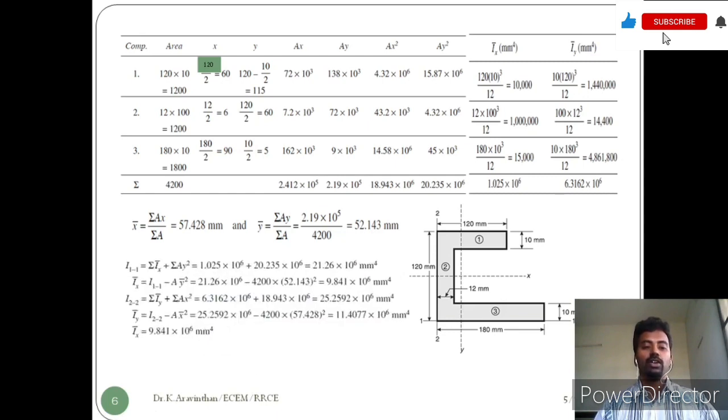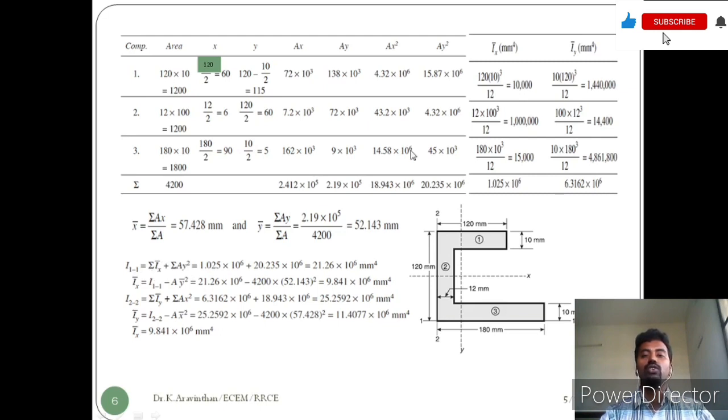After finding the centroid, let us find the moment of inertia. Here the formula for finding moment of inertia with the x-axis is I11 minus A y bar square. If you need I11, you have to use I11 equal to summation of I bar x plus summation of A y square.